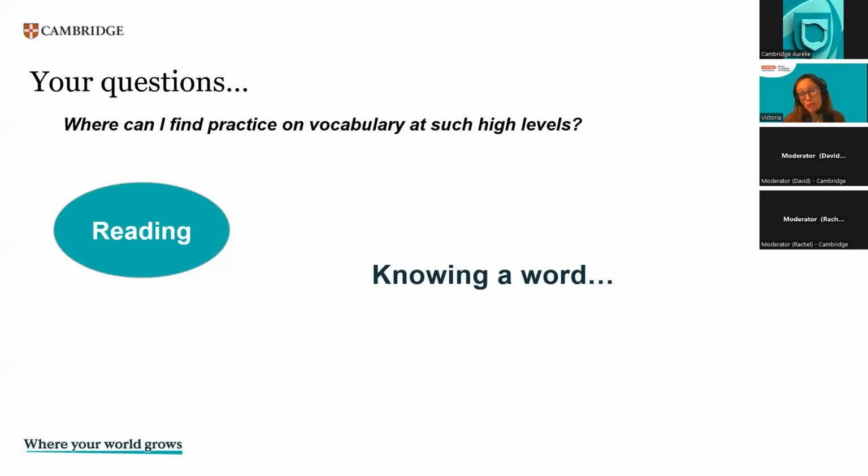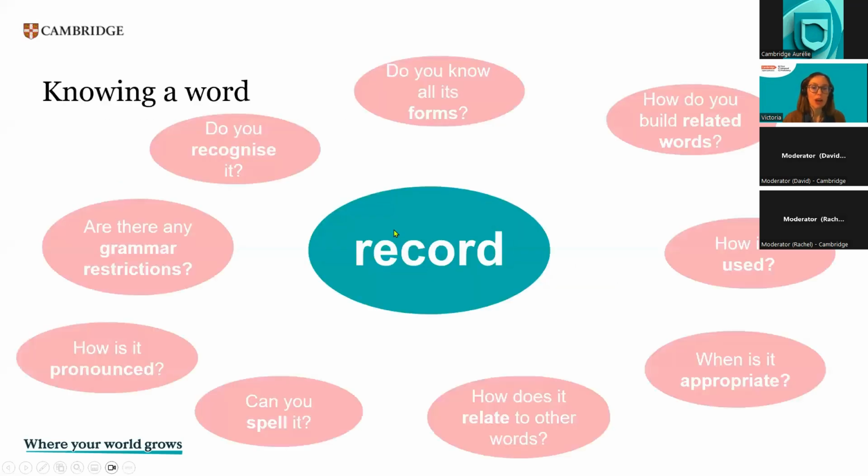And when reading, try to be aware of certain aspects that are involved in knowing a word. So when we know words, what do we mean by knowing a word? It means that we know all its forms.